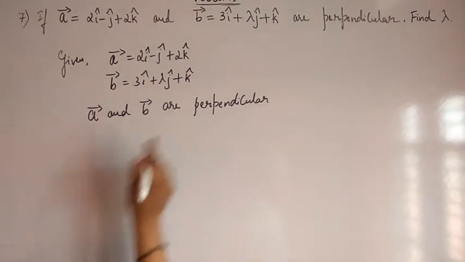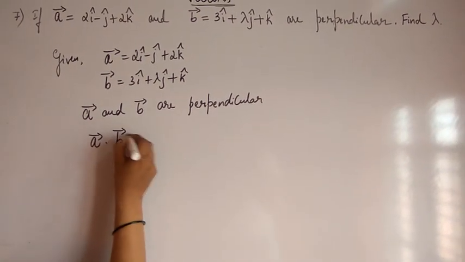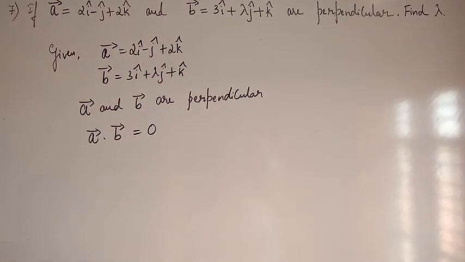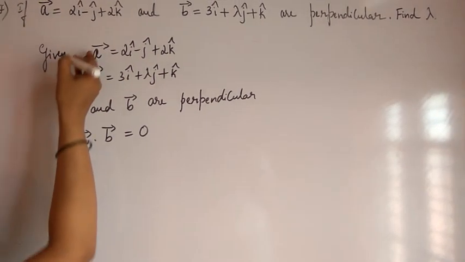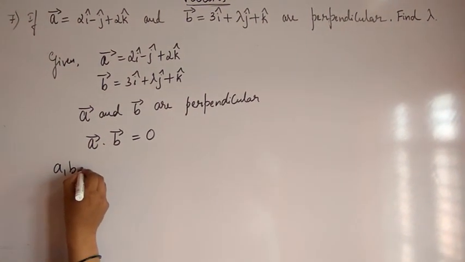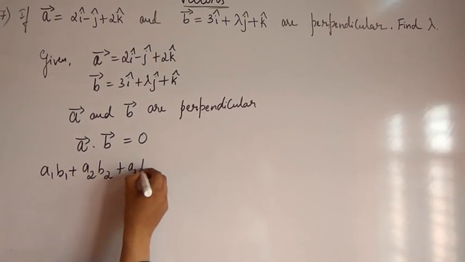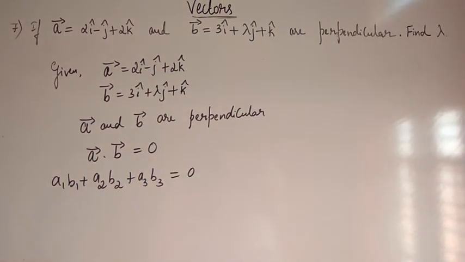Since these two vectors are perpendicular, the condition is vector A dot vector B equals 0. So let us apply the dot product. Since these two vectors are in component form, the formula is A1 B1 plus A2 B2 plus A3 B3 equals 0.